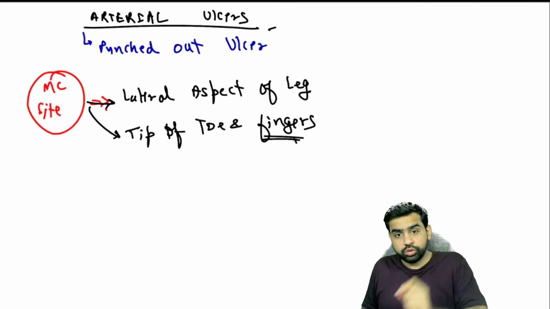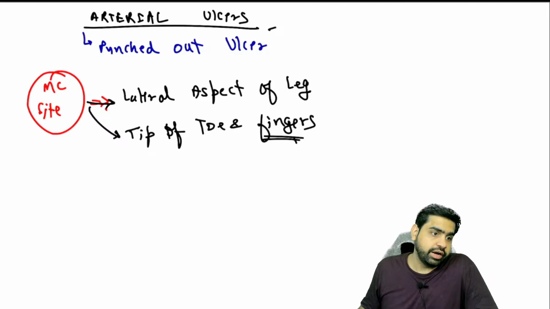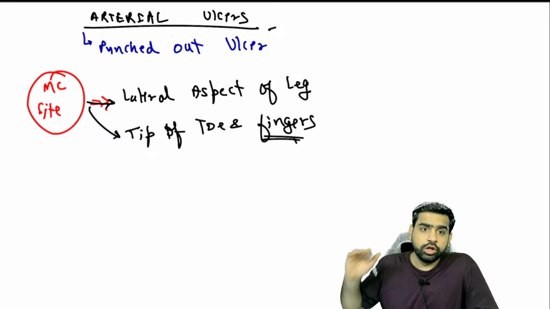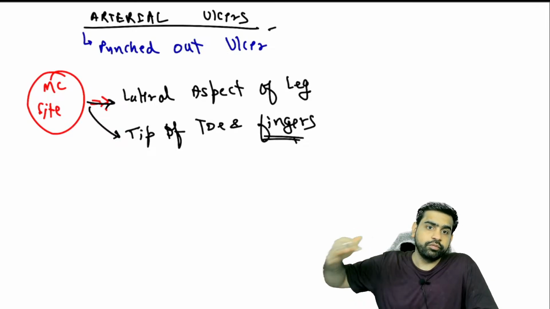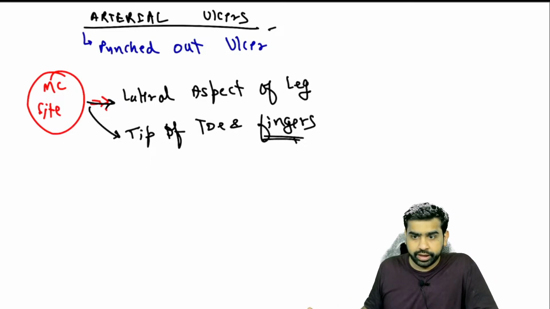So the tip of the toes and fingers are the most common sites for the development of the arterial ulcer, punched out ulcers. I hope you have understood.